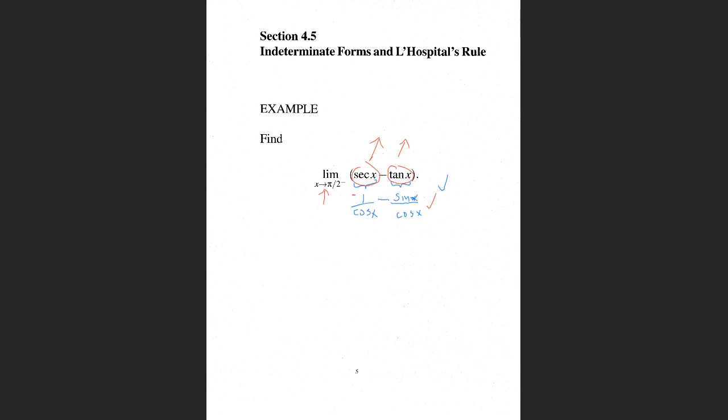Being that the secant has a cosine in the denominator, what's the cosine of 90 degrees? Or what's the cosine of pi over 2? 0. So secant of x is going to go to 0. And tangent of x is going to go to 0.